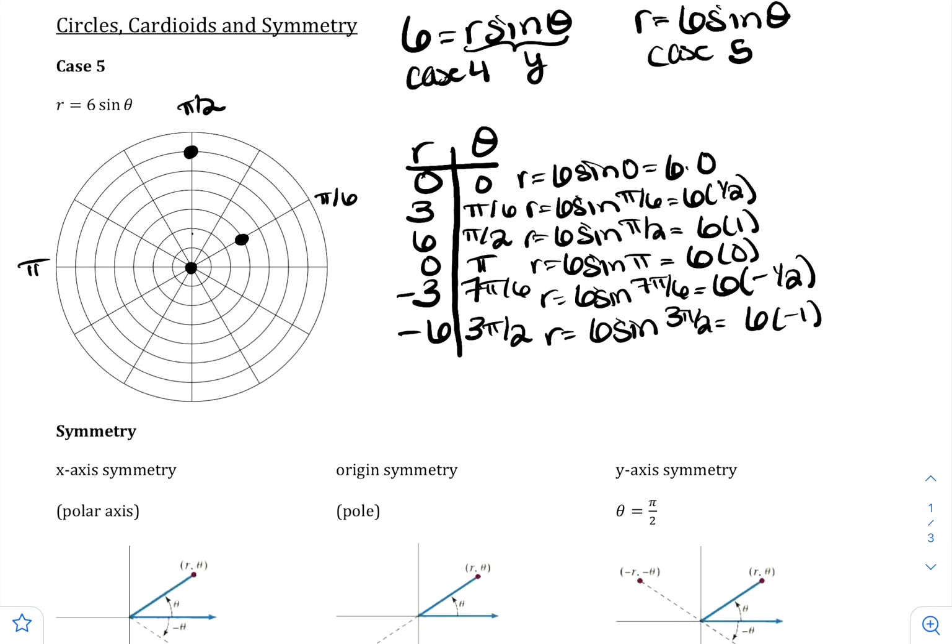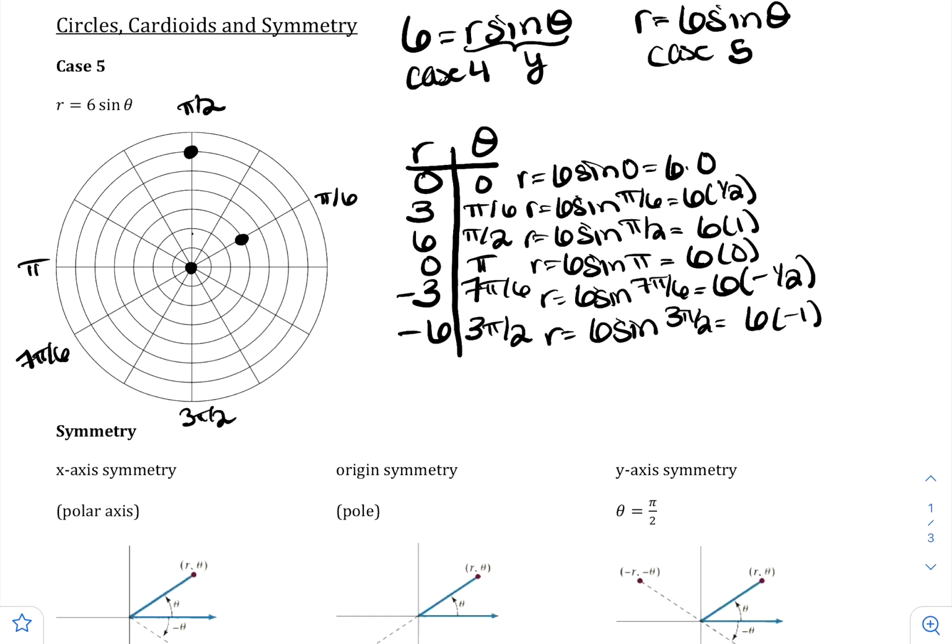That's fine. Then I have 7 pi over 6, which is here. Negative 3, so I go backwards: 1, 2, 3. But I already have that point. It's this one. I already graphed it. So that was the multiple representations of points that we discussed earlier. And then I have 3 pi over 2, negative 6. So this is 3 pi over 2. But because I'm going backwards, I'm going to end up at the point I already have, which is right here.